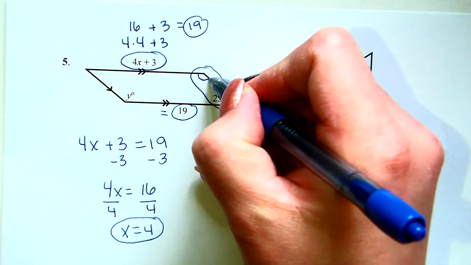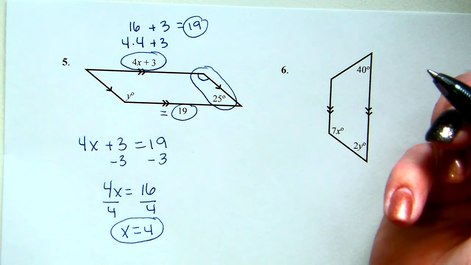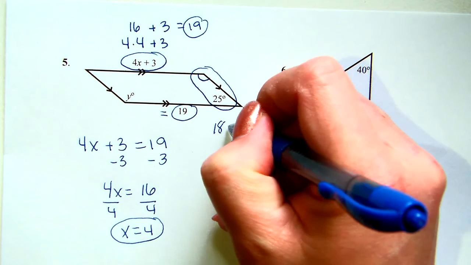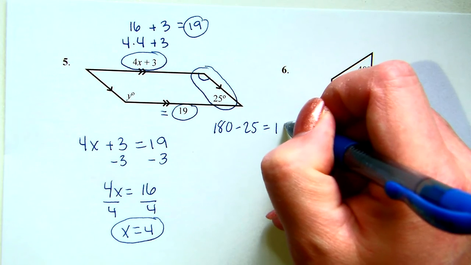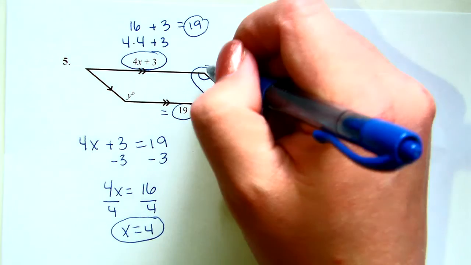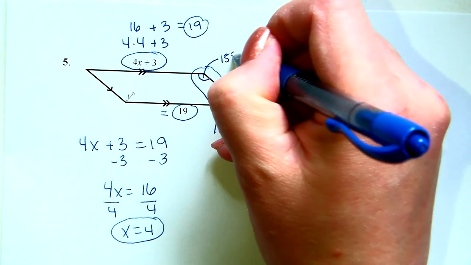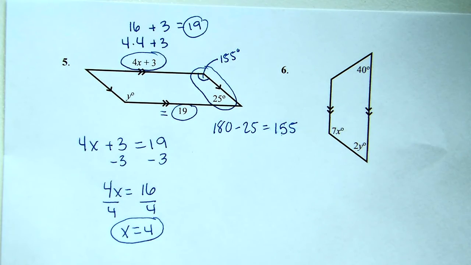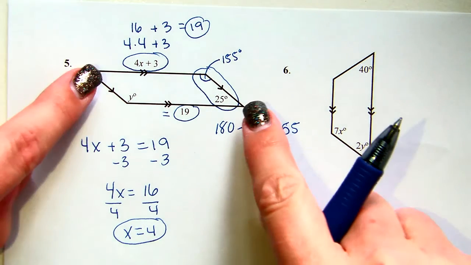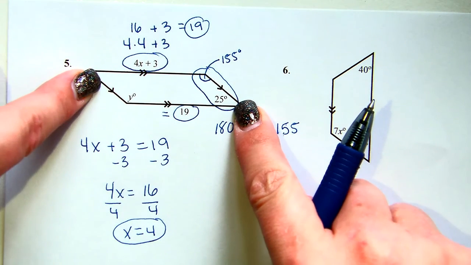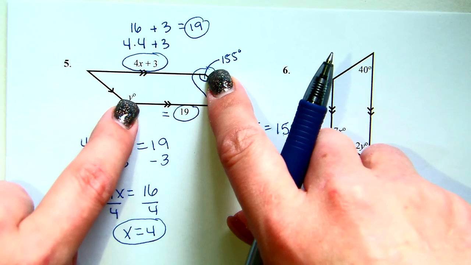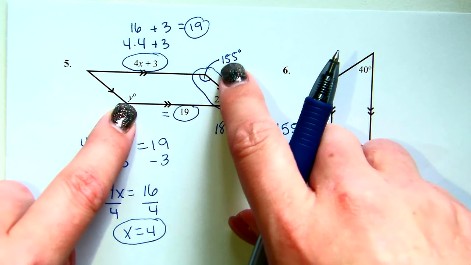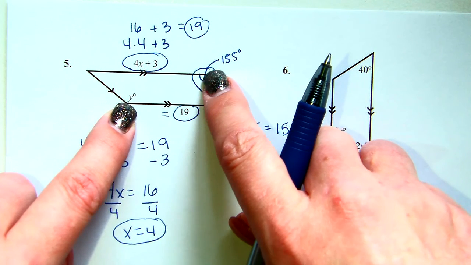Now in that case, 180 minus 25 gives me 155. So that means that this little corner is 155 degrees. Now in a parallelogram, my opposite angles are congruent, so that means that the 155 up top in this corner is the same thing down here.